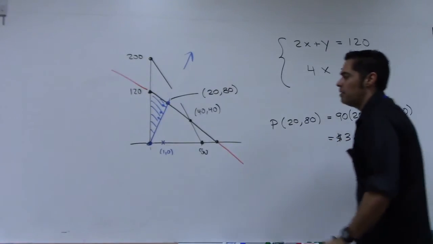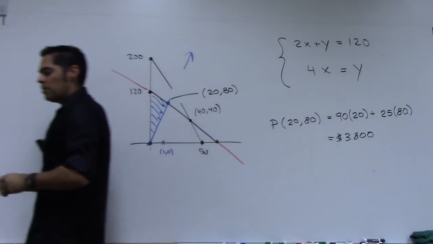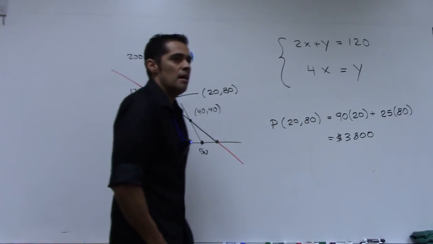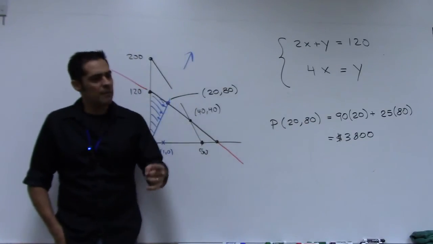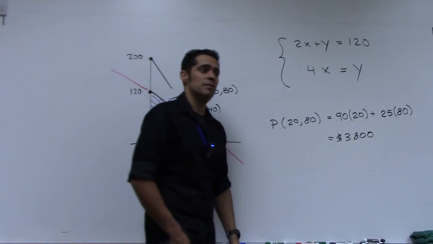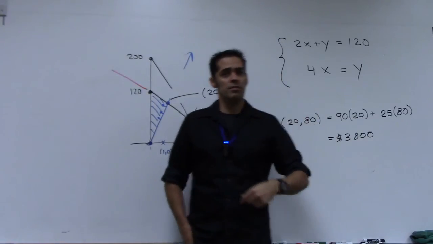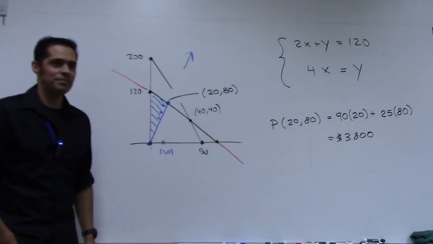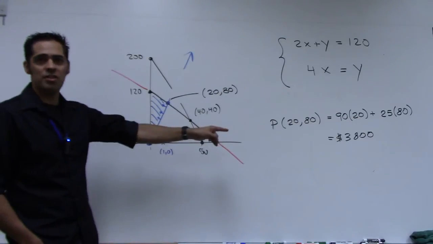So let's recap. We're sitting at our business meeting, and I'm saying, you know what? We need to make 40 chairs and 40 tables. We will make a maximum profit of $4,600. That's my pitch. What's your pitch? Why am I ridiculous?